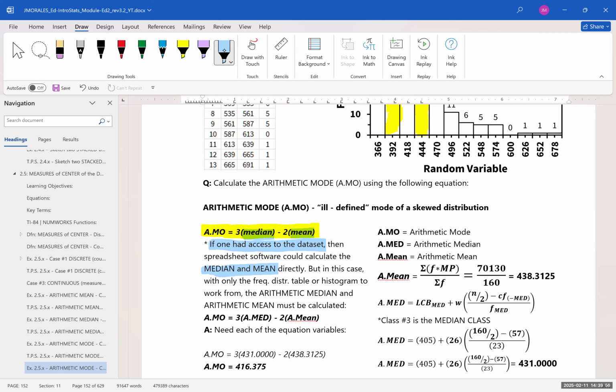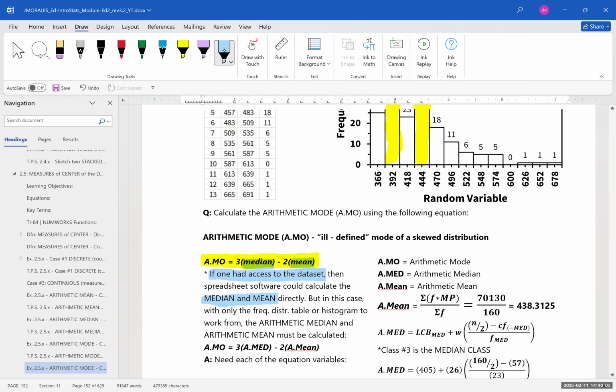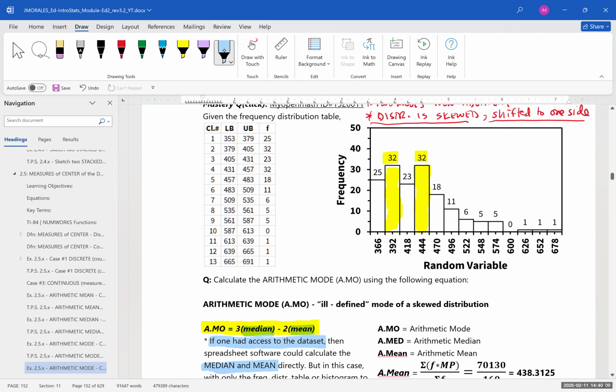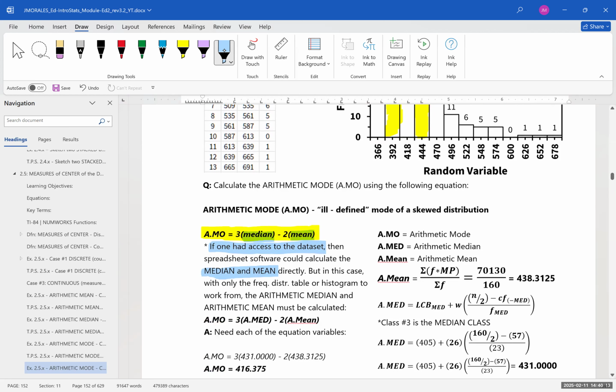and you've got your arithmetic mode. But in this case, when you're not given the data and you're working from a distribution table or a histogram, then you have to calculate the arithmetic median and the arithmetic mean using the previous examples that I gave.